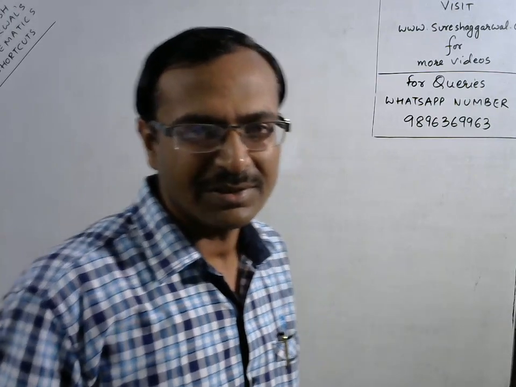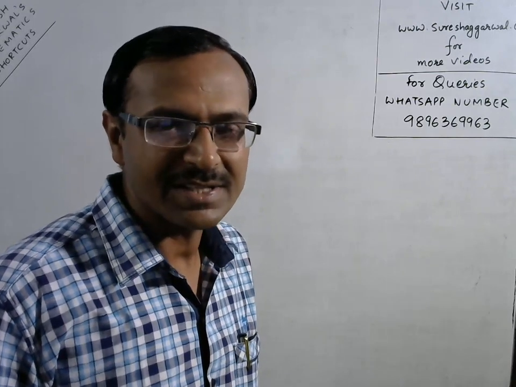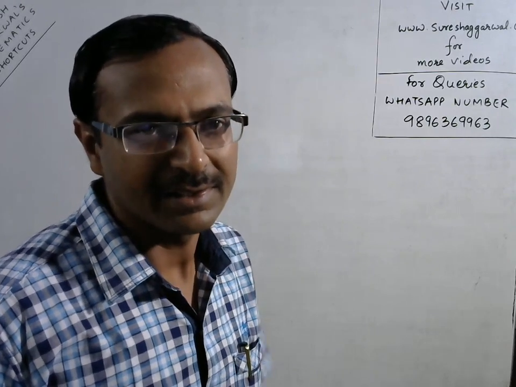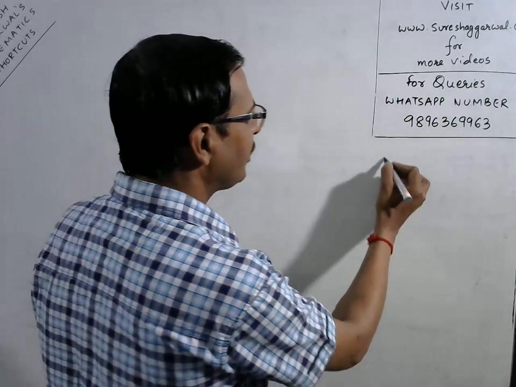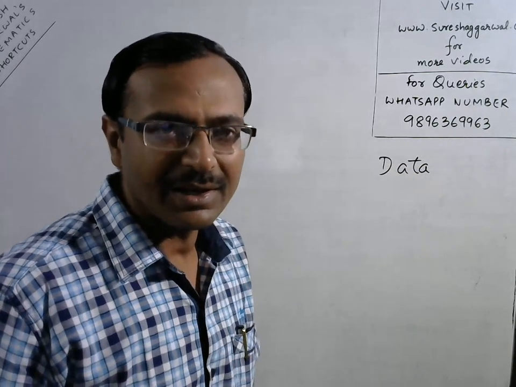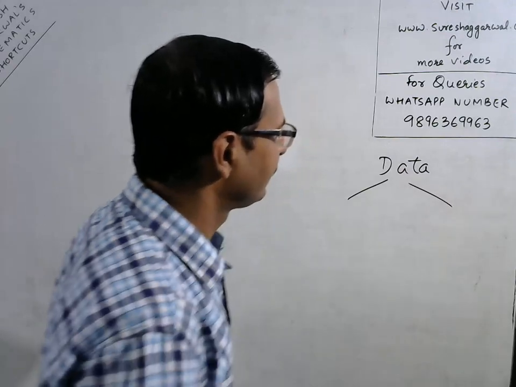Okay, let us begin the session. First of all, welcome to all of you in this live session of the chapter on statistics, useful for your board examination of class 10th. Now, let me tell you, whenever we talk of data, this data is actually of two types.